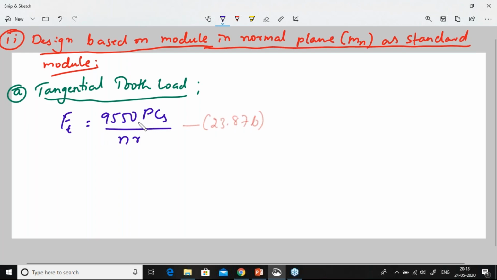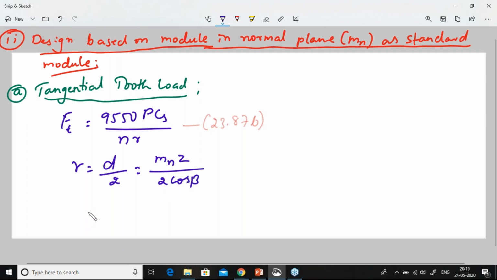Here P is the power. They will give you that in the problem statement. N is the speed of the weaker member. That also they will give you in the problem statement. R is the radius of the weaker member, that is equal to d by 2, which is equal to mn into z divided by 2 cos beta.